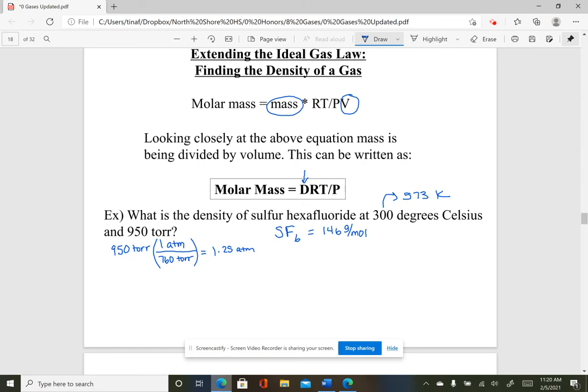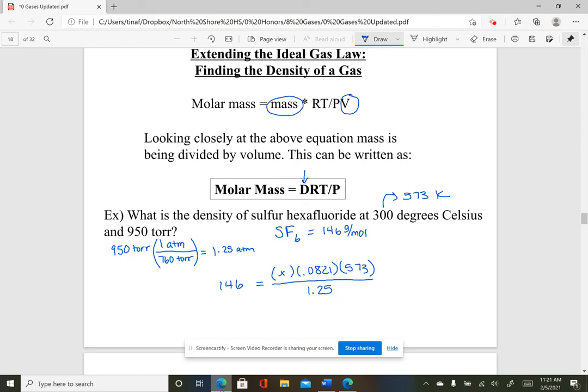All right, so if I have everything that I'm given, let's plug it in. 146 is my molar mass. Density, I don't know. R is 0.0821. Temperature is 573. Over pressure is 1.25. All right.